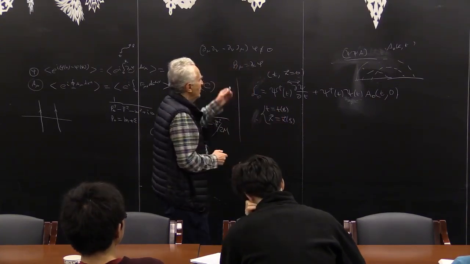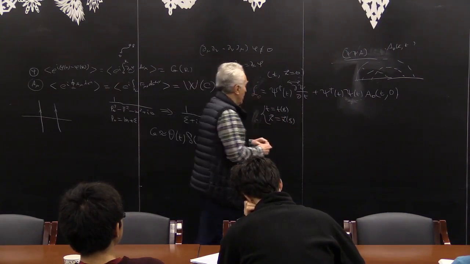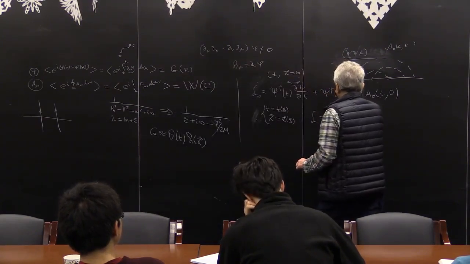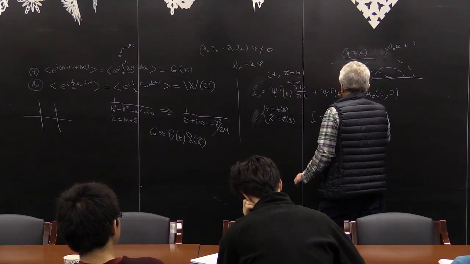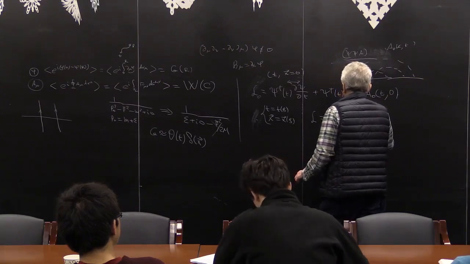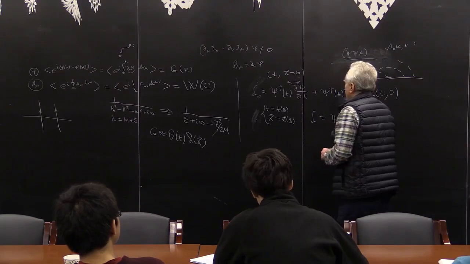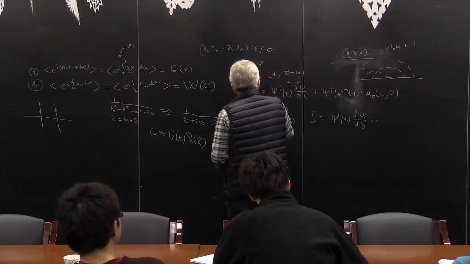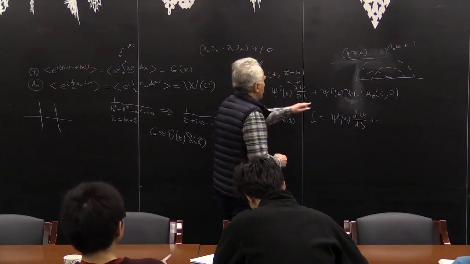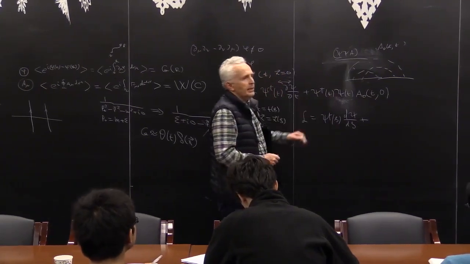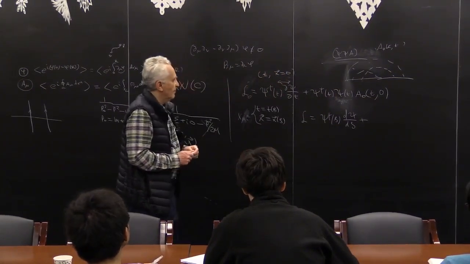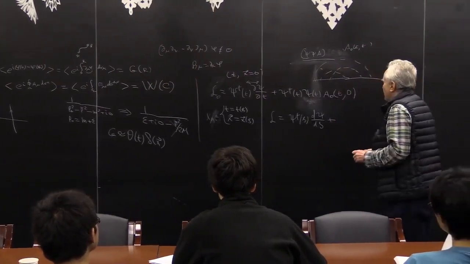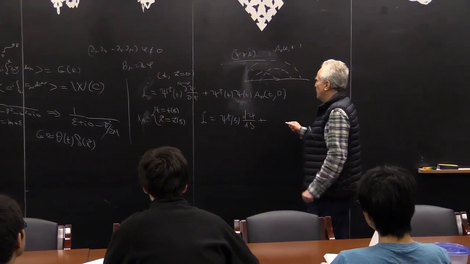And I want to introduce the field. I will take psi dagger this time of s, d psi ds. But the question is, so that's x mu. The question is, how shall I replace this term? What to write?